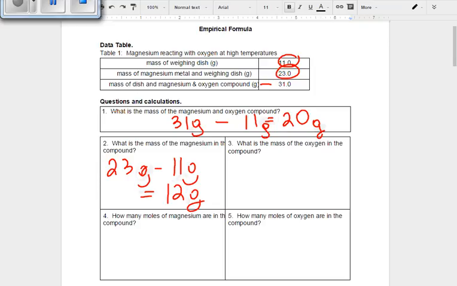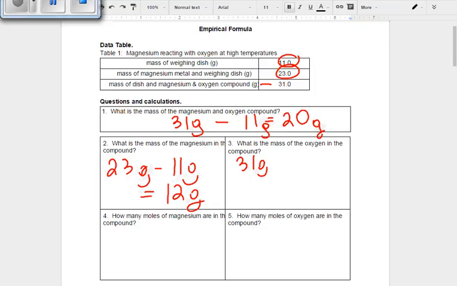We are then going to go on to question number 3. What is the mass of the oxygen in the compound? This one is a little bit more complicated because you have to do a few steps. Well, we know that together the dish with the magnesium and oxygen weigh 31 grams.